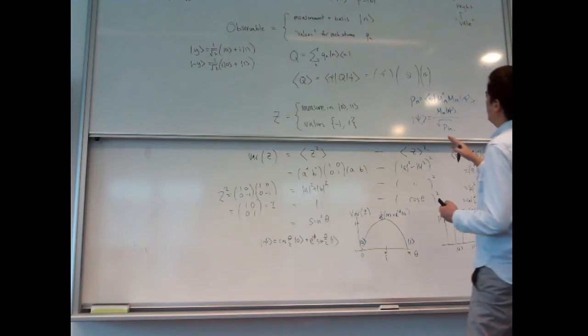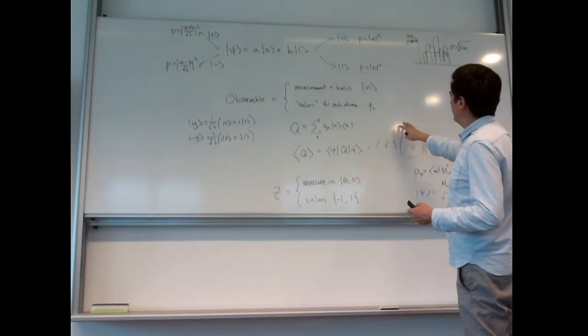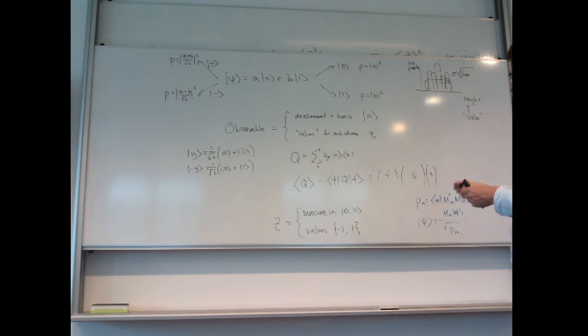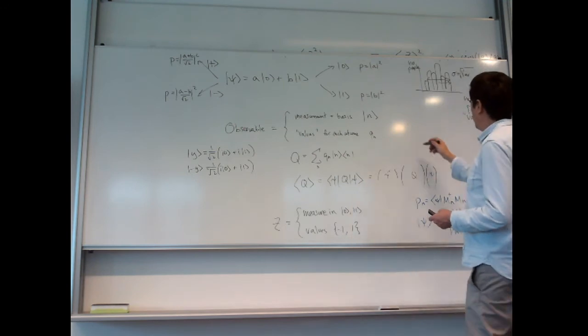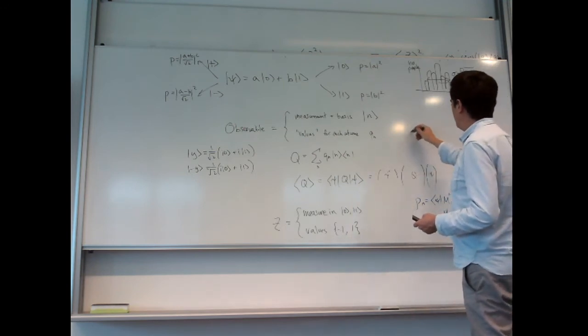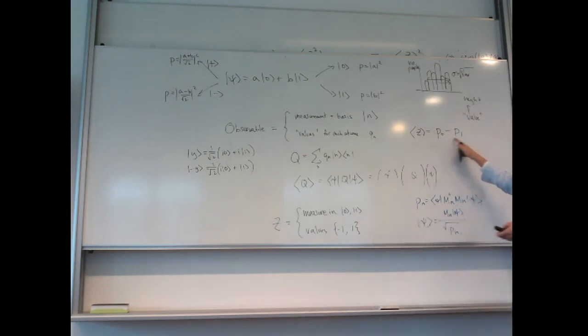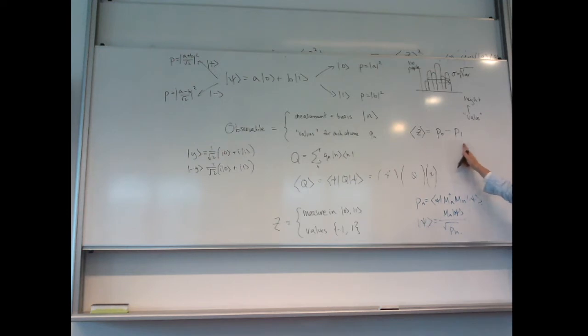Basically, when I say work it out using probabilities, all these Pauli operators are defined in the same way, as P0 minus P1. So all you have to do for Pauli operators is subtract the two probabilities.